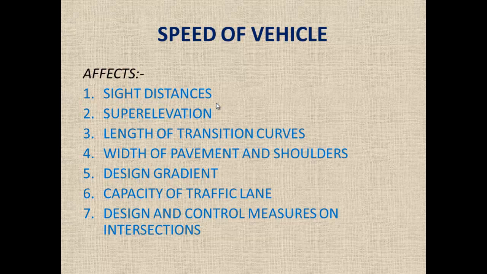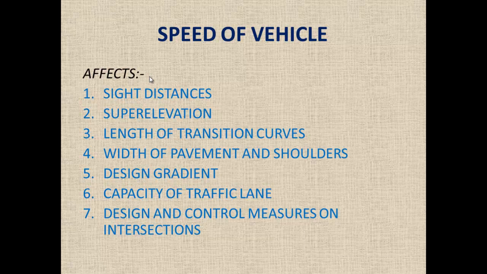So these are the points which are enumerated in the slide. What we can conclude is that the speed of the vehicle controls most of the geometric features on these roads. The speed is one of the most important dynamic vehicular characteristics, we can say that.